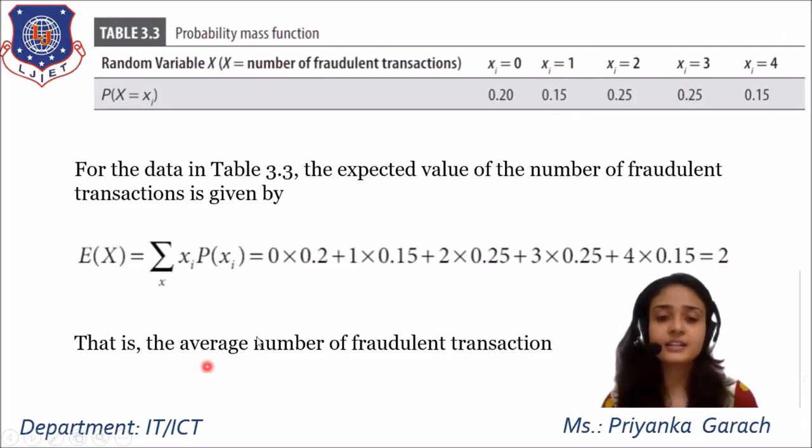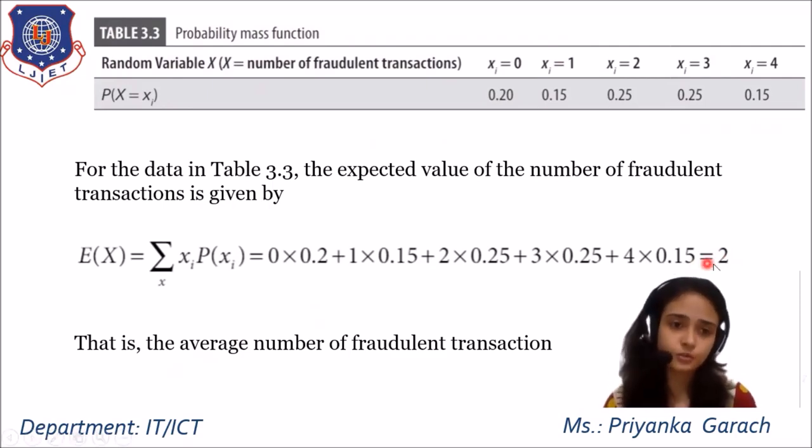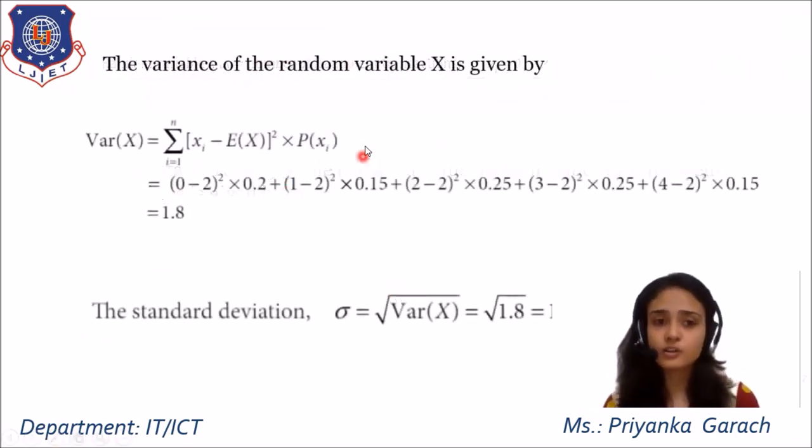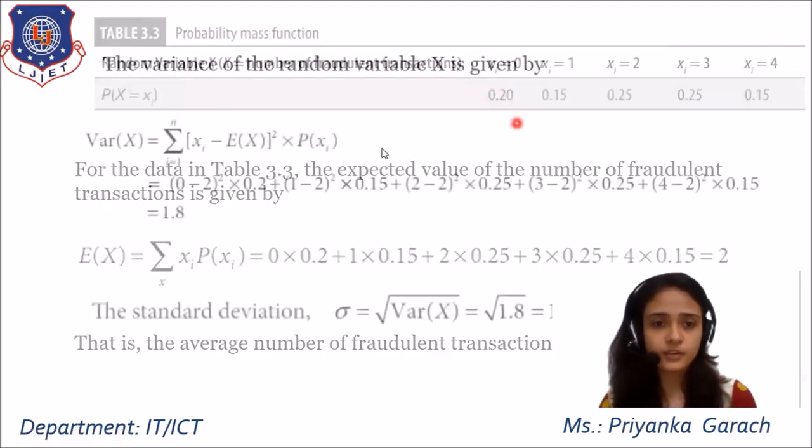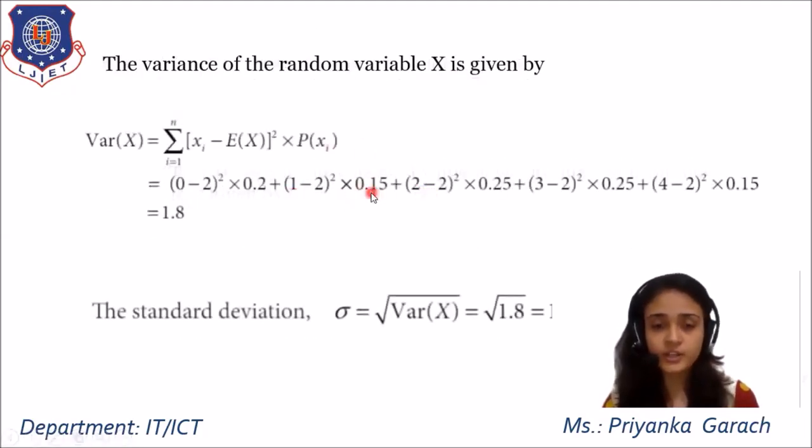So I can say that the average number of fraudulent transactions occurring is 2, because my average value is 2. Now based on this, I can also calculate the variance, that is Xi, it means 0 minus the mean value, or I can say the expected value, that is E of X as 2, the whole square into the probability, that is 0.2, then 1 with 0.15.